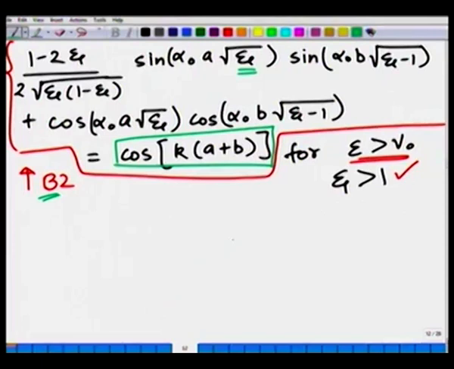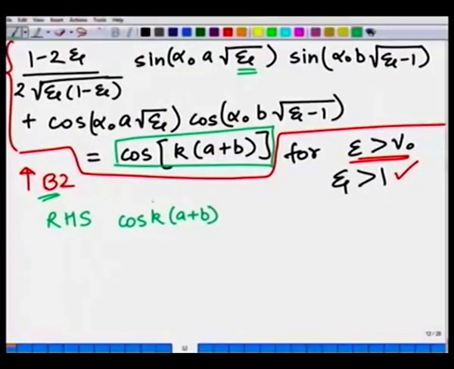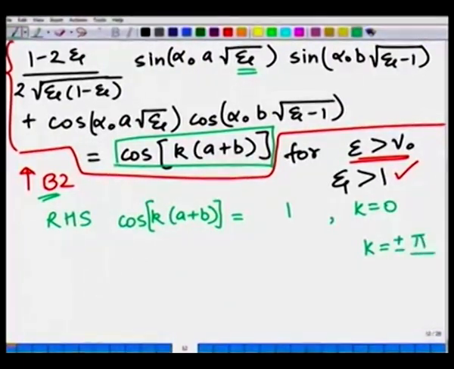What does that mean? Let us quickly write down that right hand side. If you look at the right hand side, cosine k(a plus b) is equal to, when k is equal to 0, this function is equal to 1, and for k equal to plus minus pi divided by (a plus b), this function will be equal to -1.